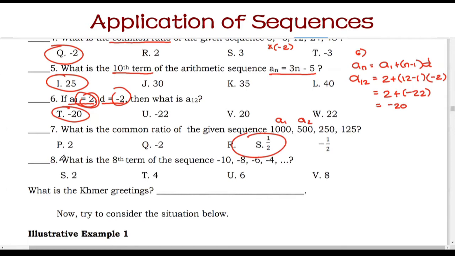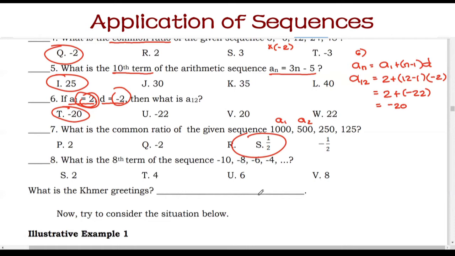Finally, we have number 8. We're looking for the 8th term of the sequence negative 10, negative 8, negative 6, negative 4. Okay? You can really list them one by one. Once you see the pattern, you can list down until you reach the 8th term. Or, you may use the formula.